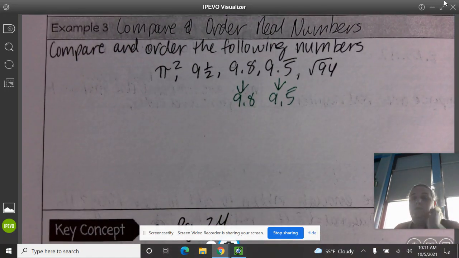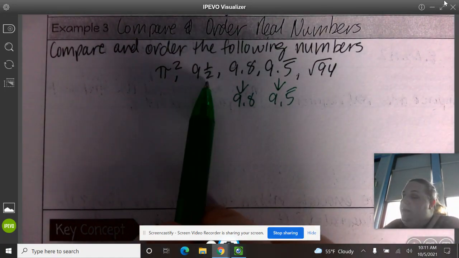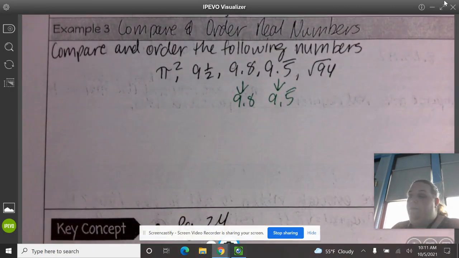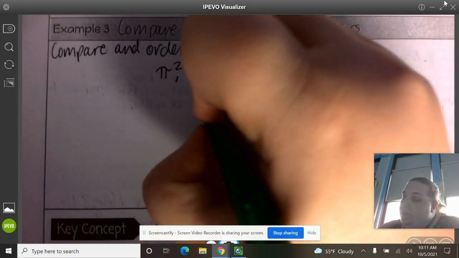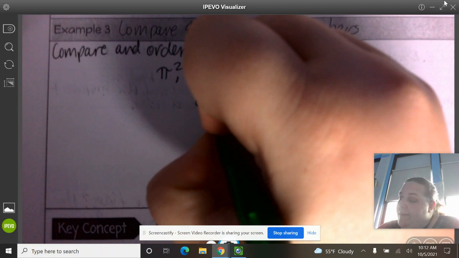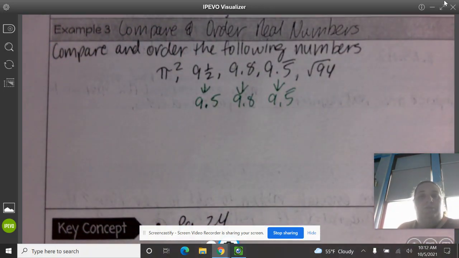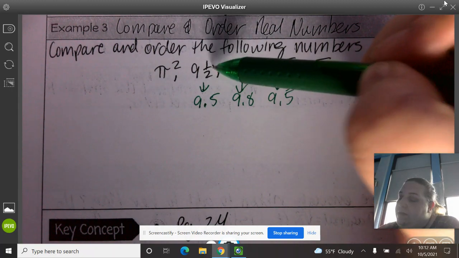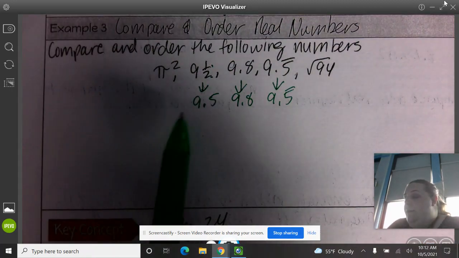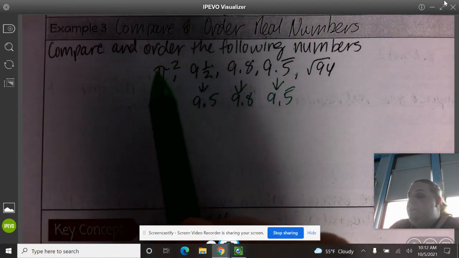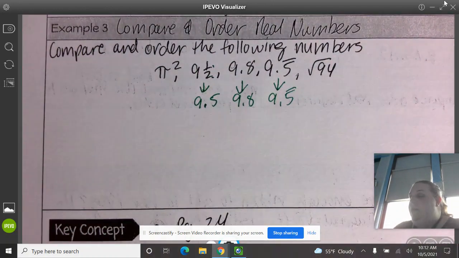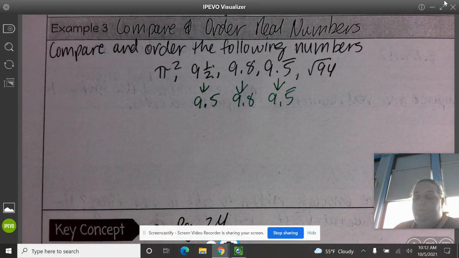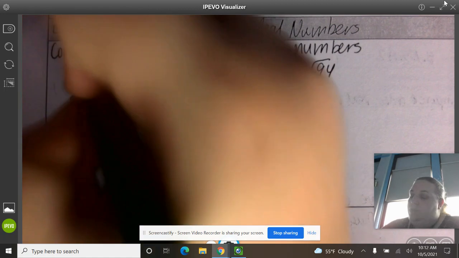I still have pi squared, 9 1/2, and square root of 94. So 1/2 is a pretty common benchmark fraction. So you might be able to do that one right away. If not, you just have to do 1 divided by 2, and we'd get 9.5. So now we just need to figure out what pi squared is and what the square root of 94 is. I'm going to start with pi squared.